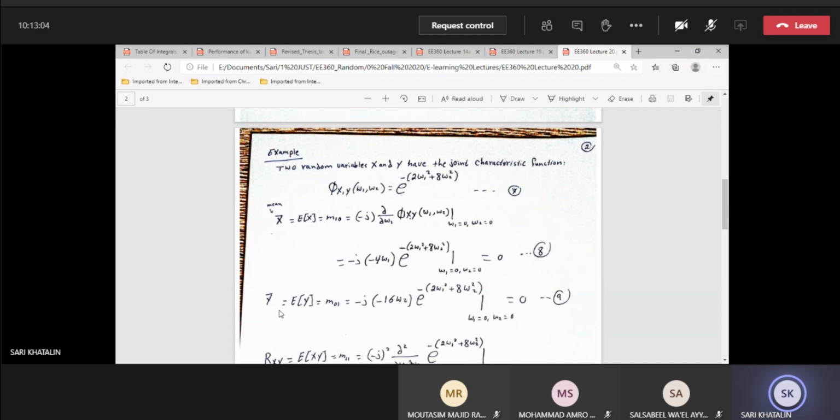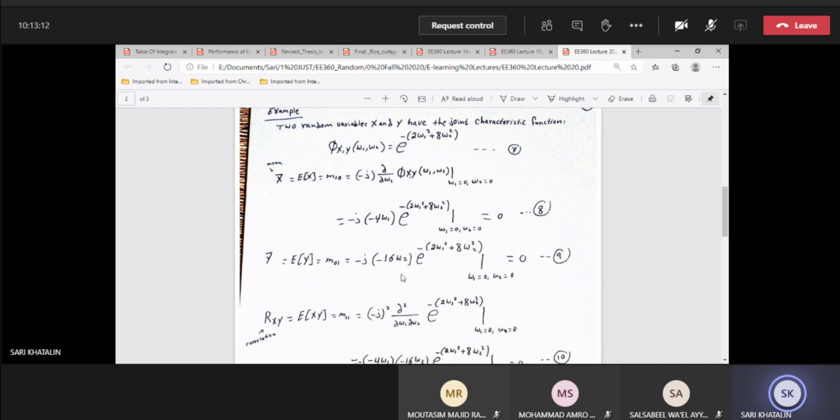If you need to find the mean of y, you do the same thing as we did in equation 7 right here. After you set omega 1 and omega 2 to 0, you will end up with the mean equal to 0 in this example. So far, the mean of y is equal to 0, which is also equal to the mean of x.